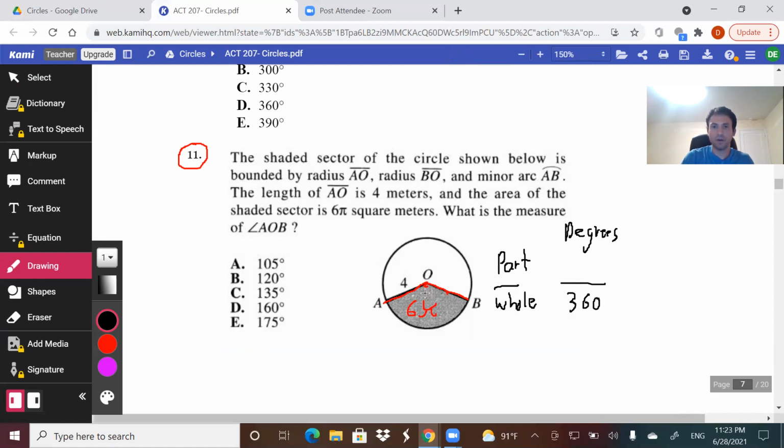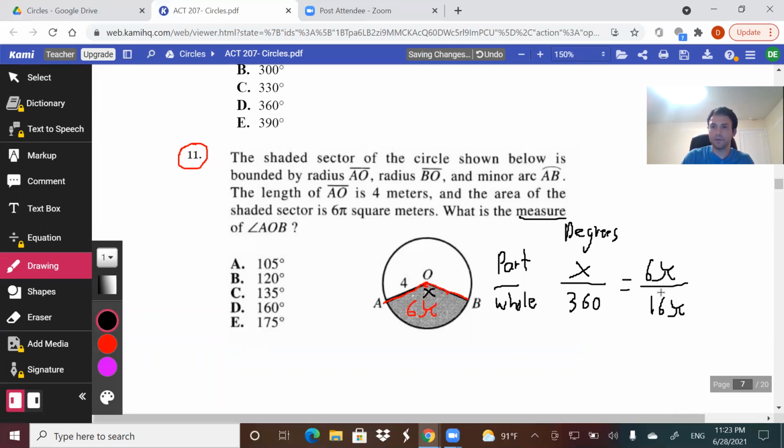We want to figure out what the measurement of this angle is, so I'll just put x for this angle. What we do know is that the whole area is 16 pi, and the shaded bit is 6 pi.